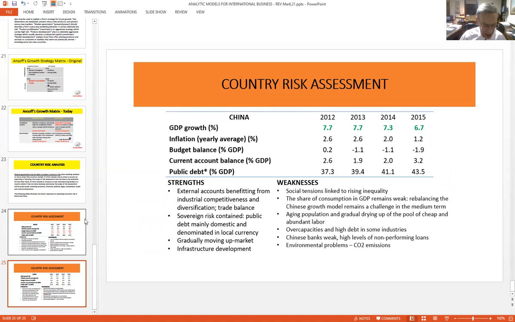But in any event, this is an approach to taking a look at a country's economic profile and then drawing conclusions regarding strengths and weaknesses with regard to opportunities to enter into that country with your business.